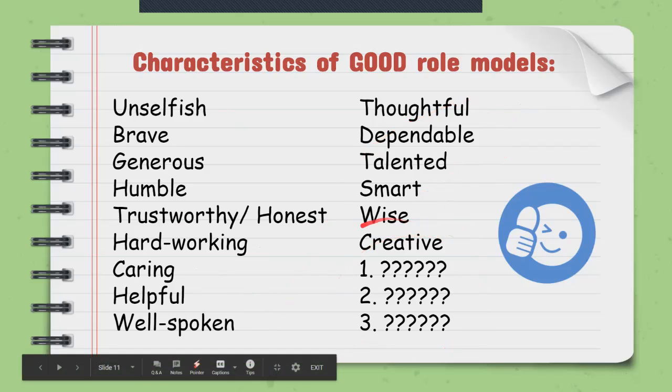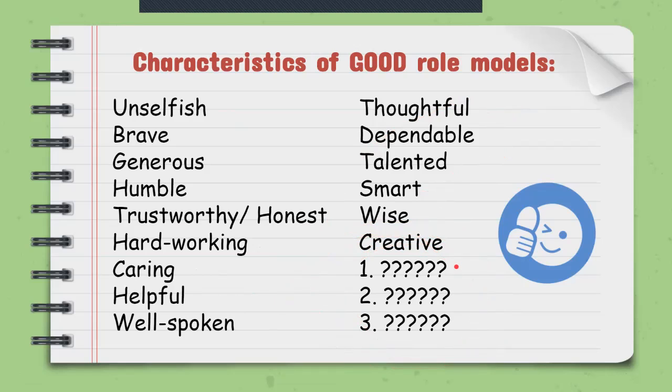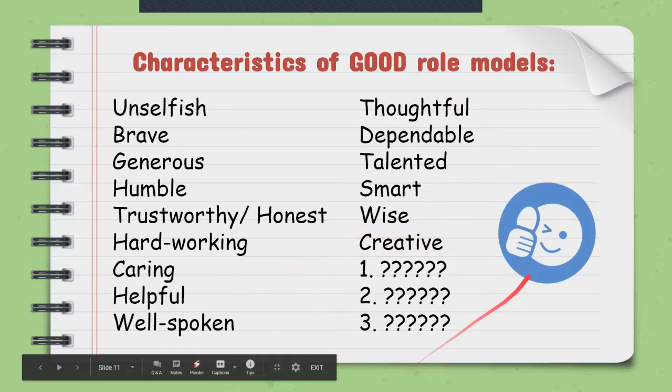What are other good characteristics you can think to describe good role models? There's many of them. Can you write 3 down? Okay. Now, so these are words to describe good people and good qualities or characteristics.